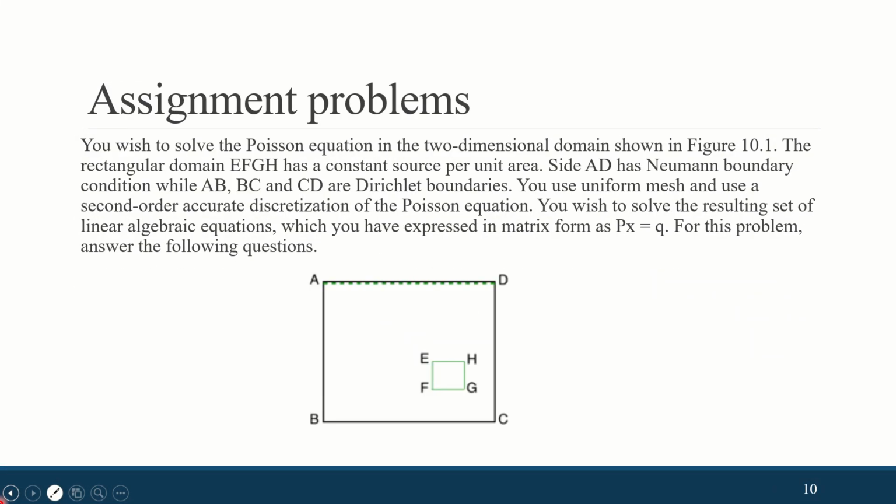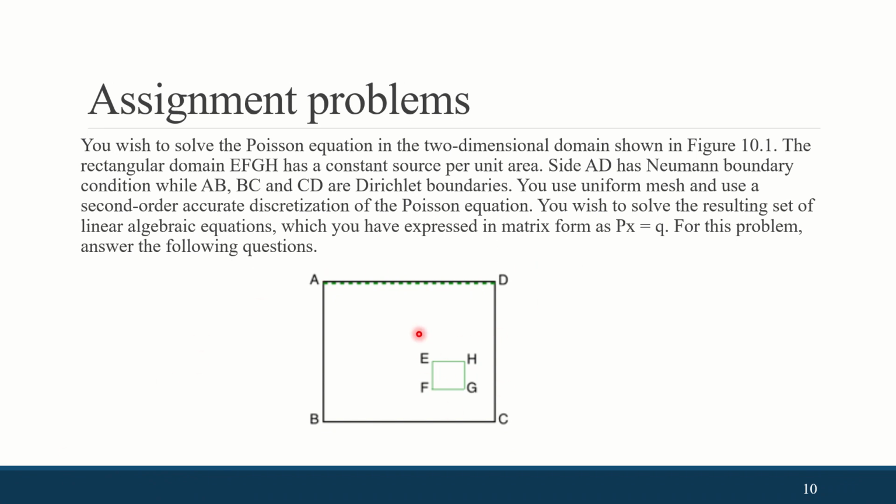Further, the assignment problems were looked upon, where it was about solving a Poisson equation in the given two-dimensional domain with three Dirichlet boundary conditions on three sides, followed by a Neumann boundary condition on a single side.